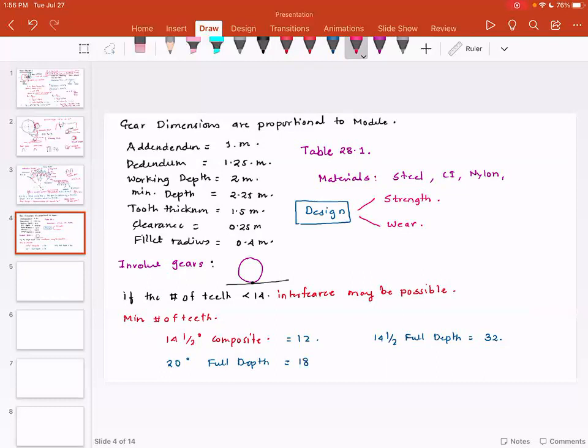As we talked about strength, the gear can be visualized as a cantilever beam. As long as the gear is strong in bending, which means the gear profile withstands the contact forces and does not fail, the gear should be okay.